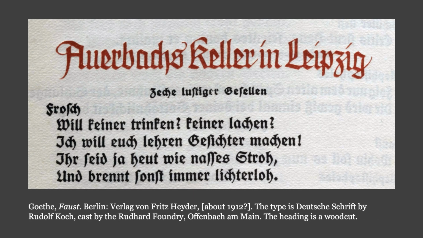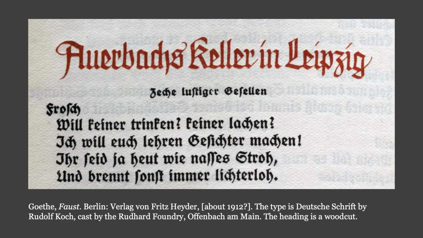The shortcomings of existing Frakturs were redeemed to some extent by the major calligrapher Rudolf Koch, who produced what was named simply German type, Deutsche Schrift, and it's seen here in a quite small scale edition of the Faust of Goethe.